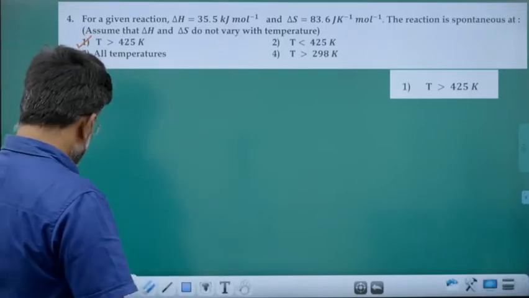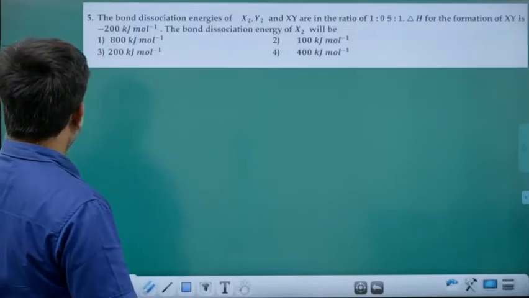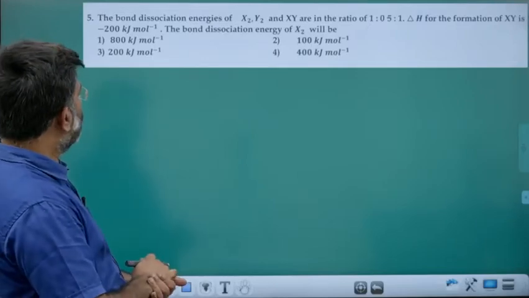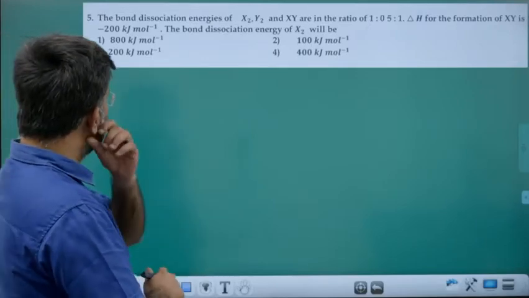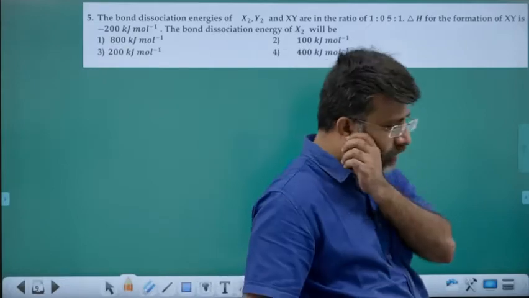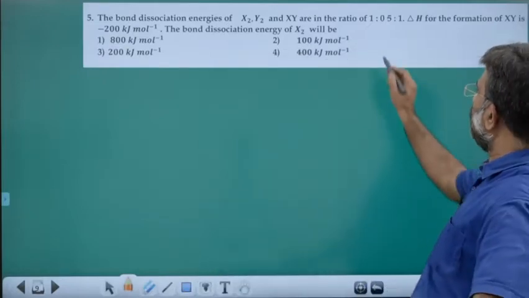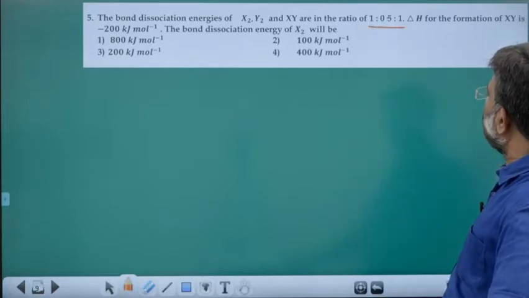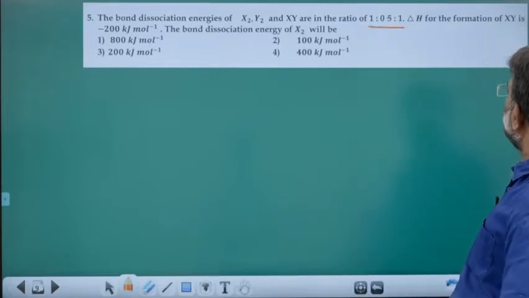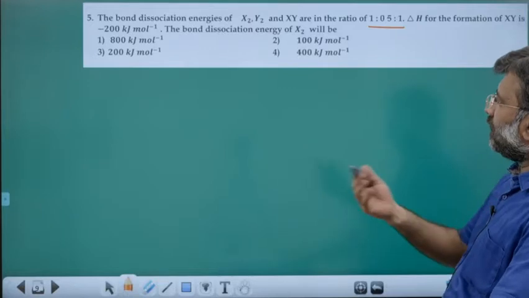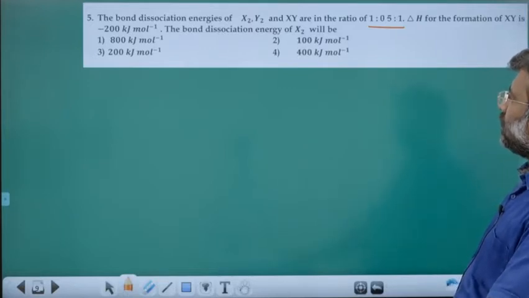Okay, next question. Fifth question. The bond dissociation energies of X2, Y2 and XY are in the ratio 1:0.5:1. Delta H for the formation of XY is given.